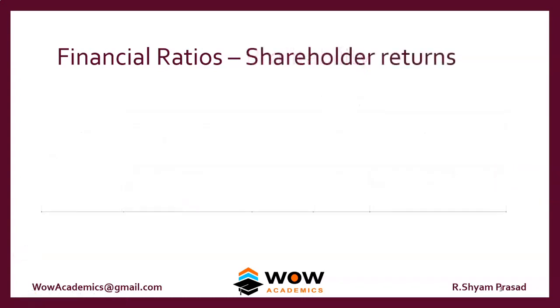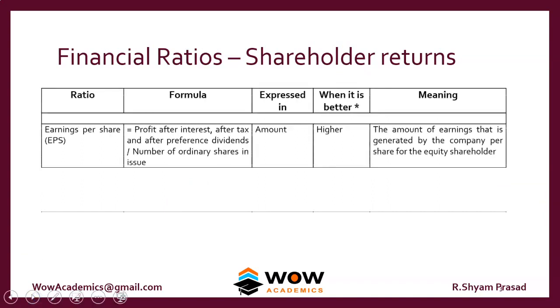So we look at some of the shareholder returns ratios. The first ratio is EPS, earnings per share. Earnings per share is a better metric than just the net profit after tax and dividend. Why EPS is better is it also takes into account the number of shares as the denominator.